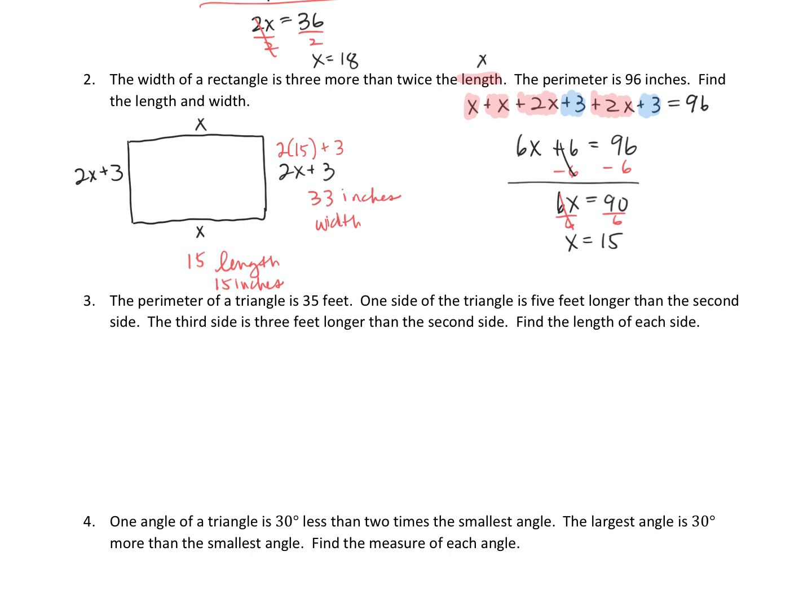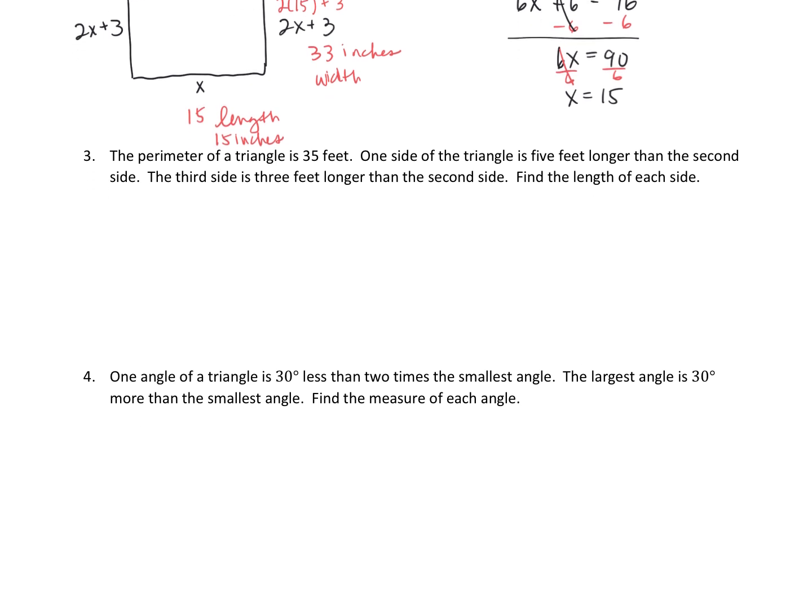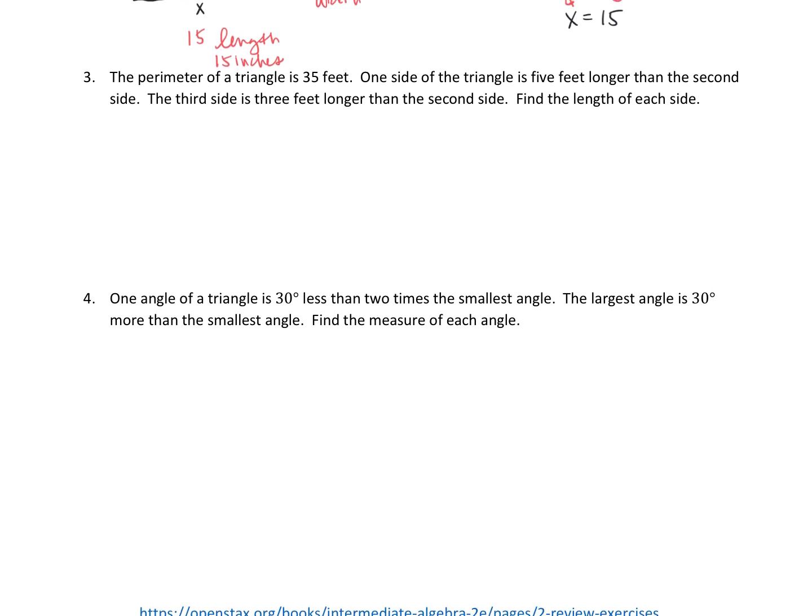Okay, so number 3. The perimeter of a triangle, so right there, I'm going to stop and draw a triangle, is 35 feet. One side of the triangle is 5 feet longer than the second side.